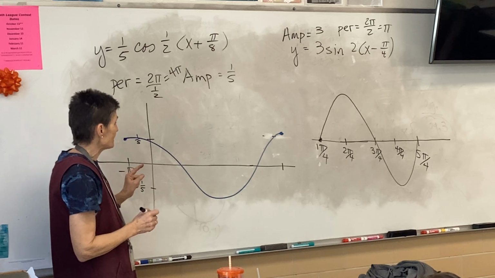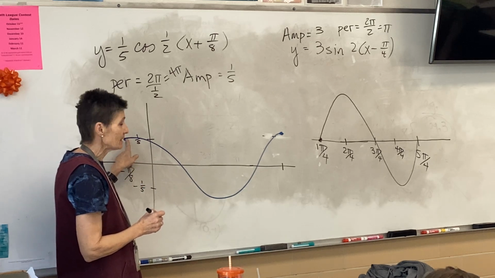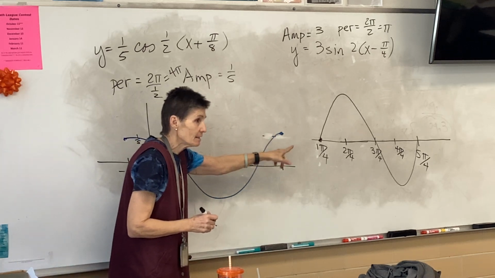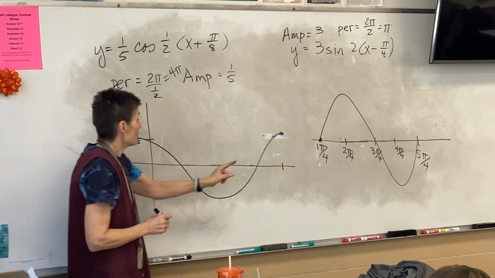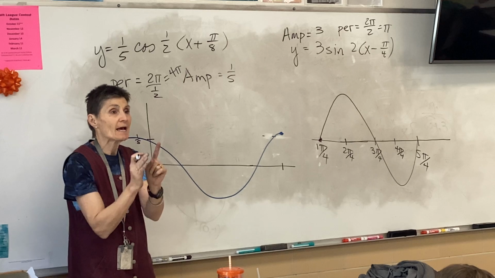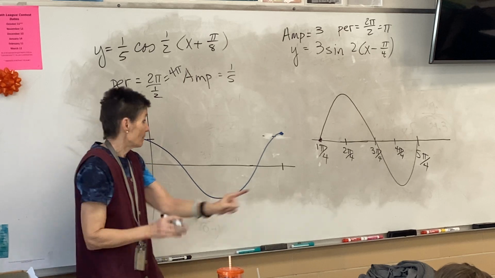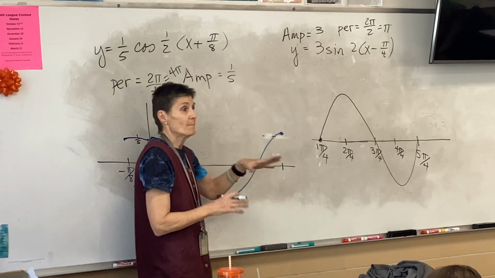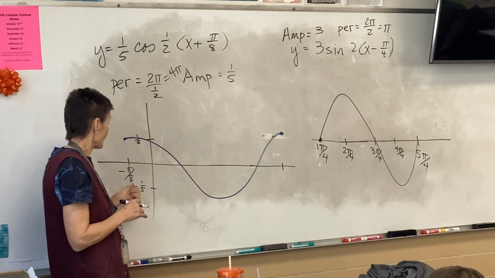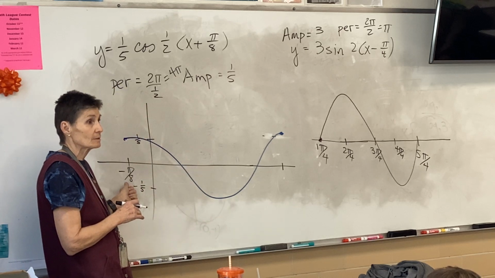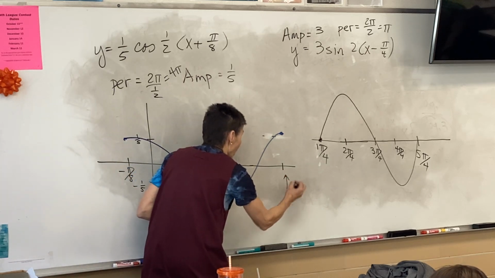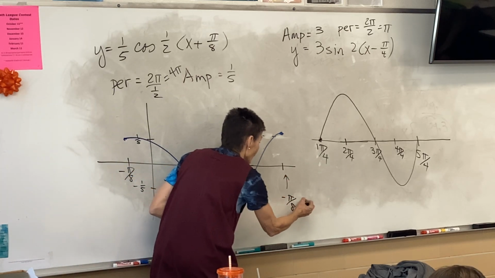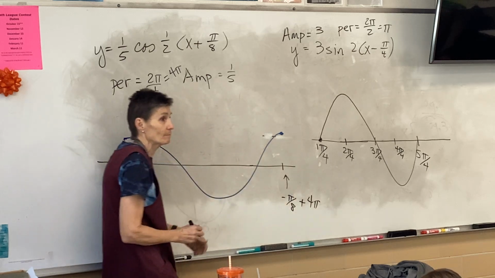The distance from beginning to end is 4 pi. If I started at 0, this would be 4 pi. But I started at negative pi over 8. So to find this point, aren't I going to take negative pi over 8 and add 4 pi?